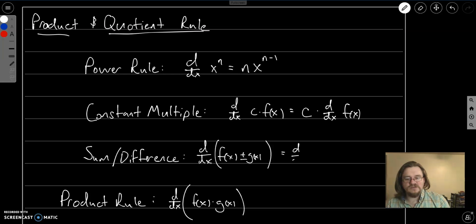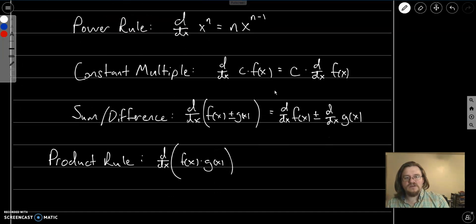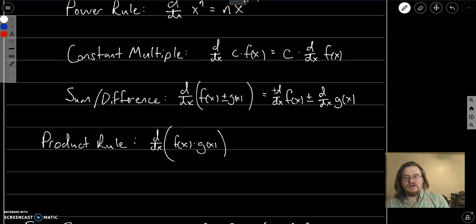So we can just take the derivative of f plus or minus the derivative of g. So all this is really doing is reviewing a few things that we've seen, and with regard to this last one, if we are adding functions together, we can easily take their derivative.